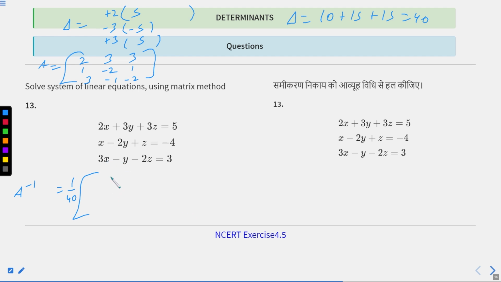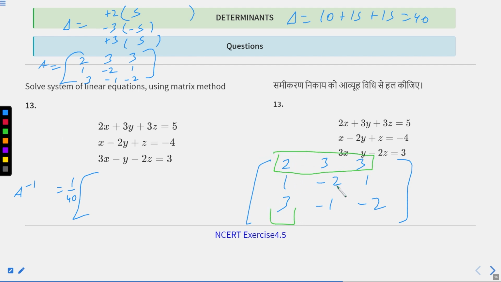Now adjoint, I'll be finding the adjoint directly. So 2 3 3, 1 minus 2 1, 3 minus 1 minus 2. Now what I will be doing is eliminating this to get the inverse entries.